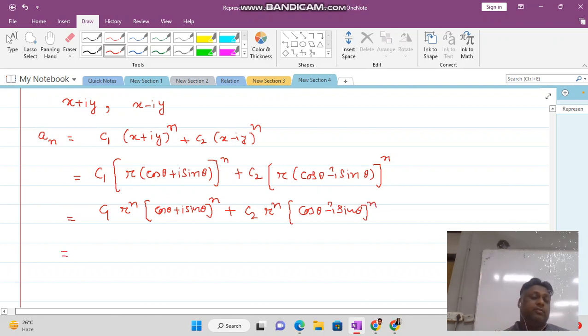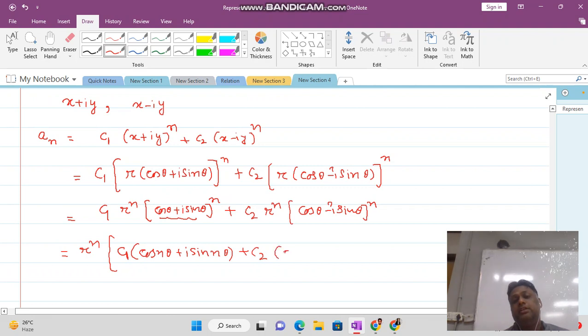From here we can take r raised to the power n common, and here you have c1. Now apply De Moivre's theorem. It is cos n theta plus iota sin n theta, plus c2 into cos n theta minus iota sin n theta.